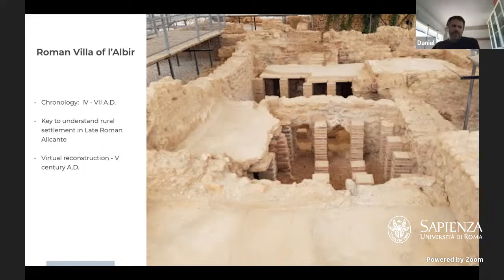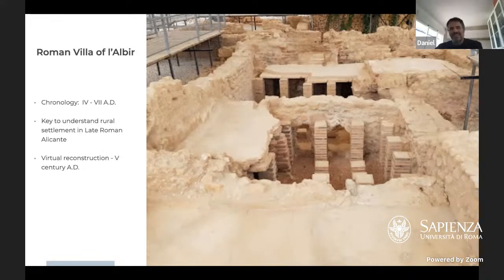From the 5th century on, there were a series of invasions by the Visigothic tribes. And after their arrival, we only know that the area was partially abandoned, partially used as a necropolis for a while, and then nothing.